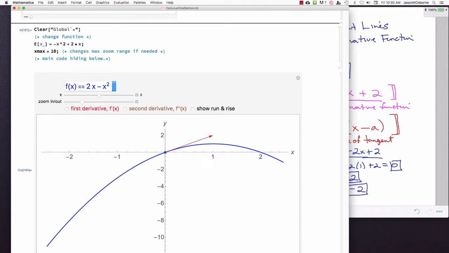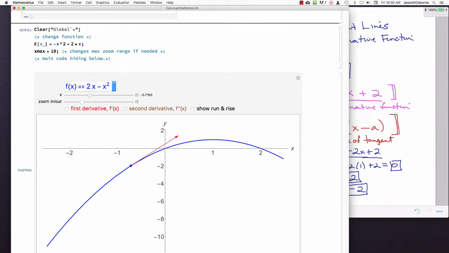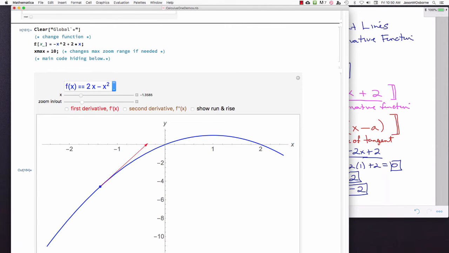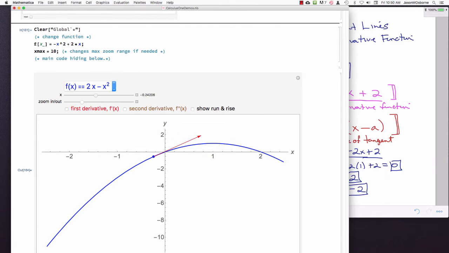We should be allowed to move the point of interest around. The red arrow is showing us the direction of the tangent line. If we were to lose grip with this function at any point, the particle, or the little dot, would go flying off in this red direction.